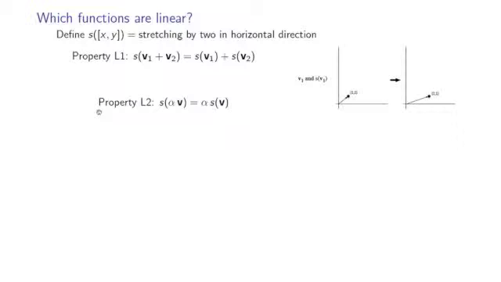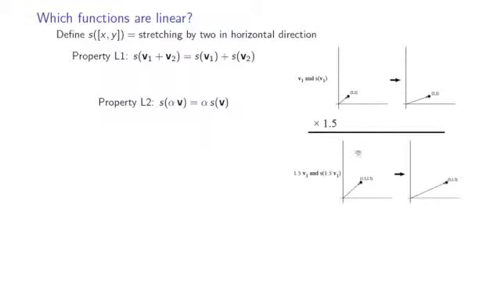The other property of linear functions requires that for any scalar alpha and any vector v in the domain, s of alpha times v is the same as alpha times s of v. Let's illustrate this property using our vector v1 from the previous example. Remember, here's the image, s of v1. We multiply v1 by a scalar, say 1.5, and this is what we get. This is 1.5 times v1.